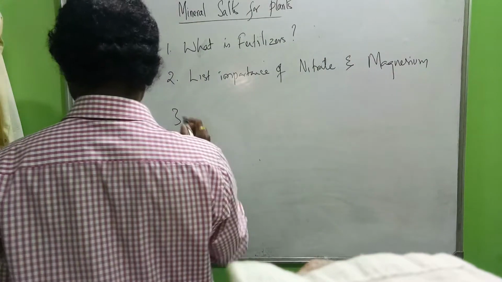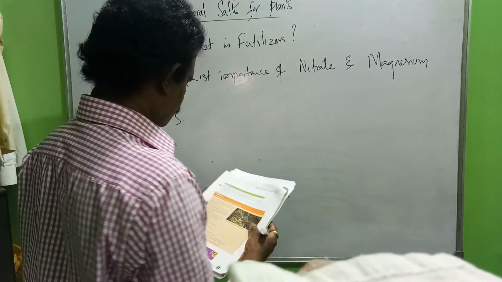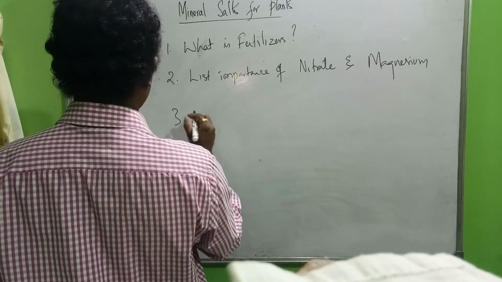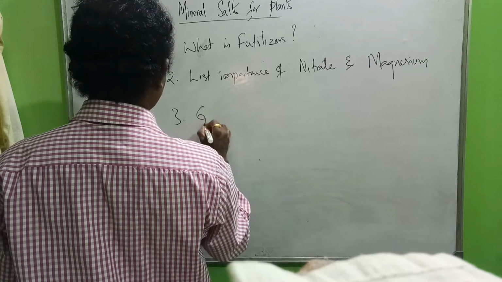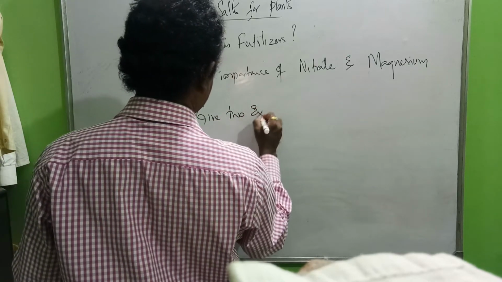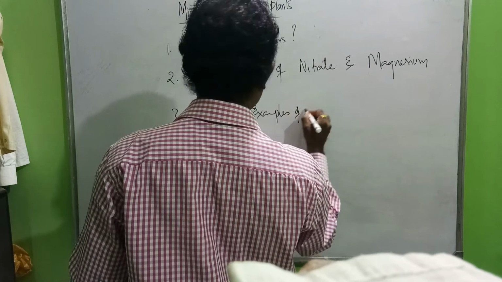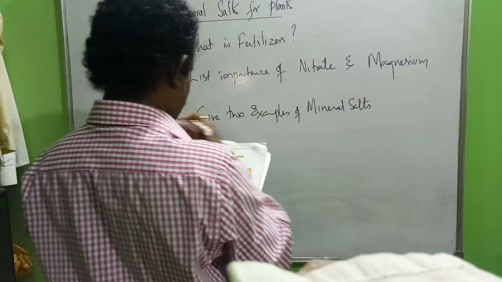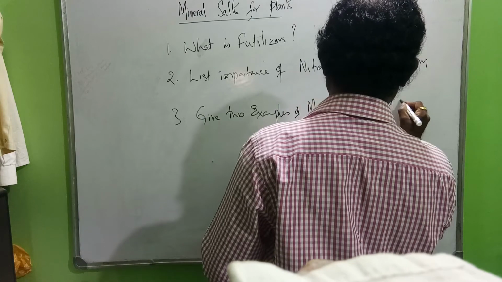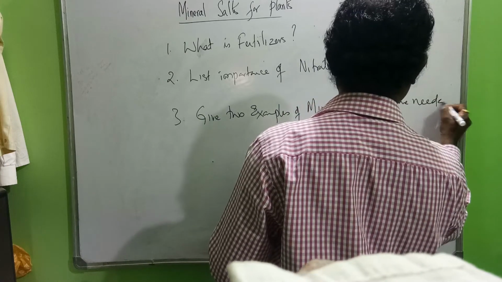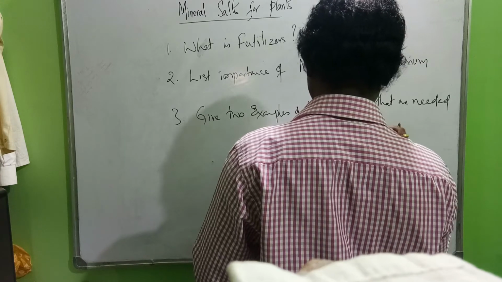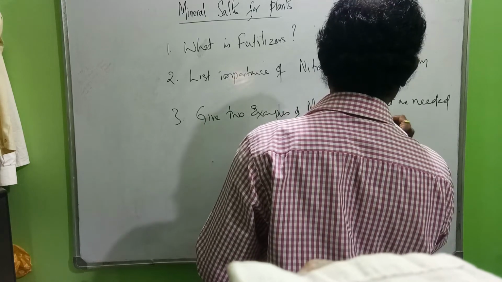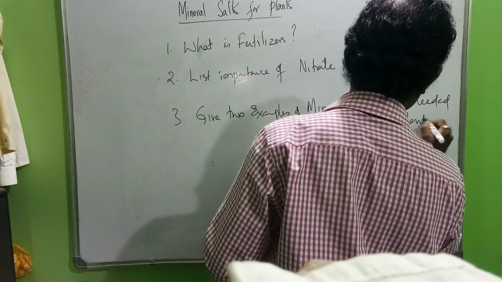Third question, I'll give you the textbook question: give two examples of mineral salts that are needed by the plant. Is it clear? These are the three questions.